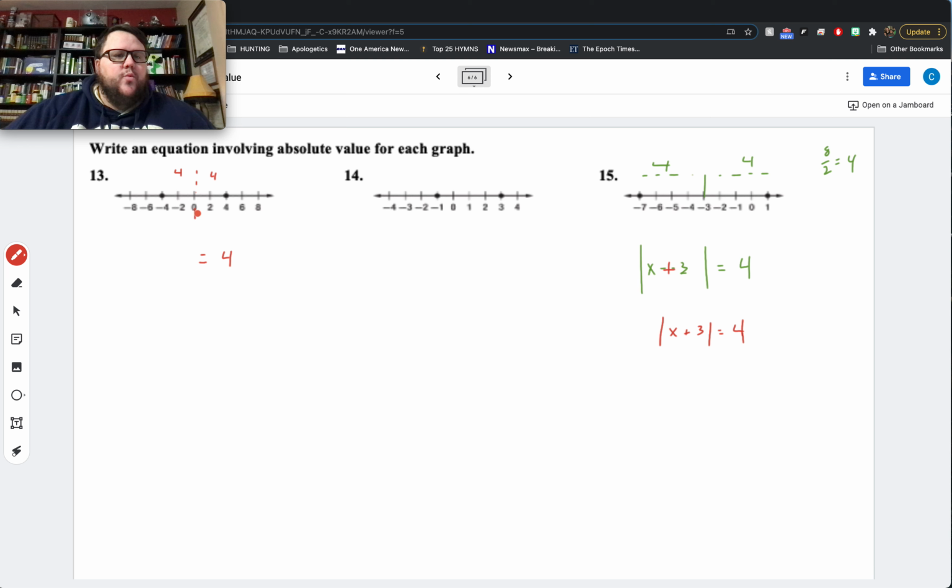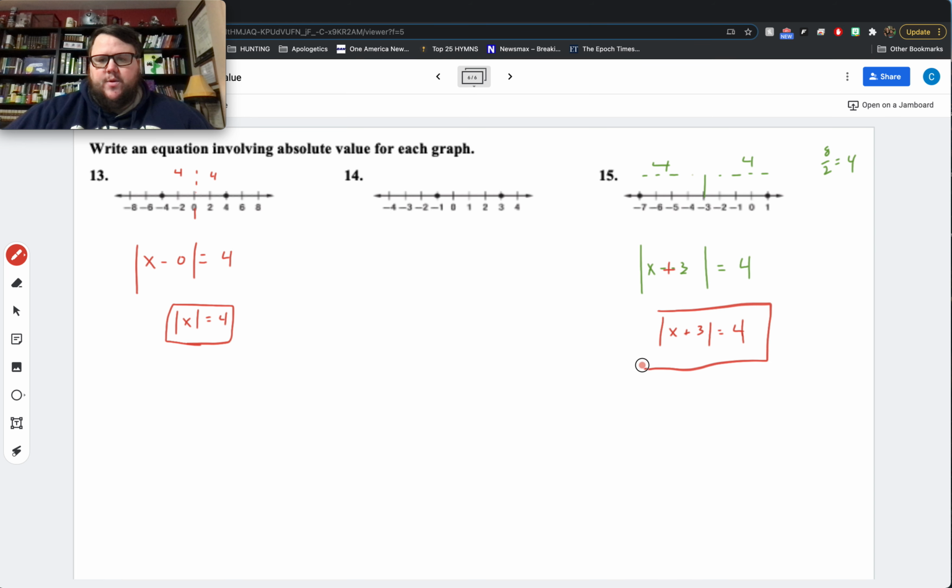And then it's going to be x minus whatever our midpoint is. And in this case, it's 0. So x minus 0 equals 4. But we don't have to write x minus 0. We can get rid of that minus 0. So it's just the absolute value of x equals 4. And that's my answer, for both of those.